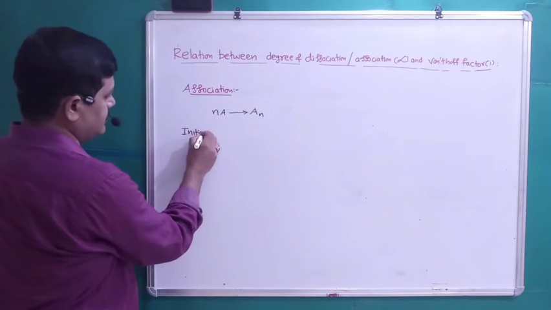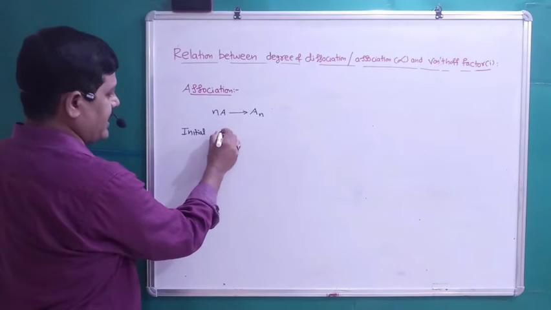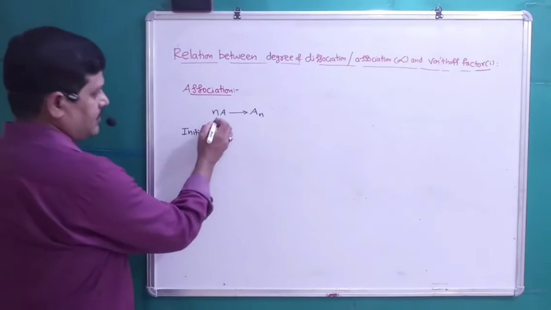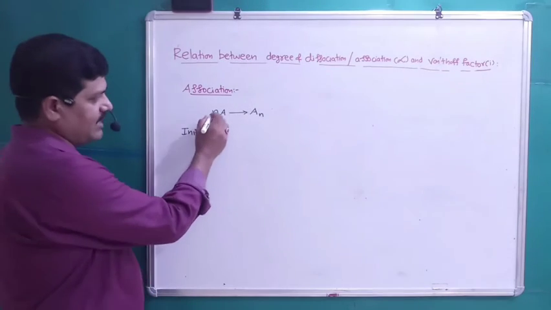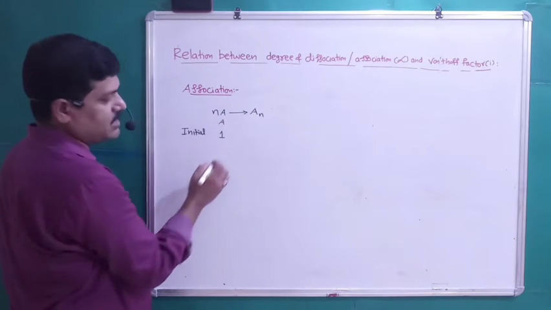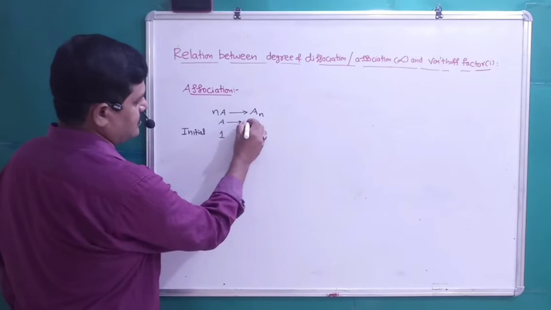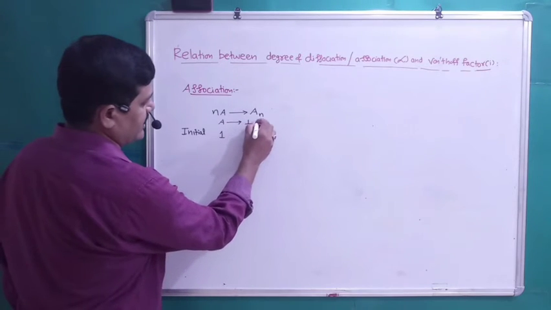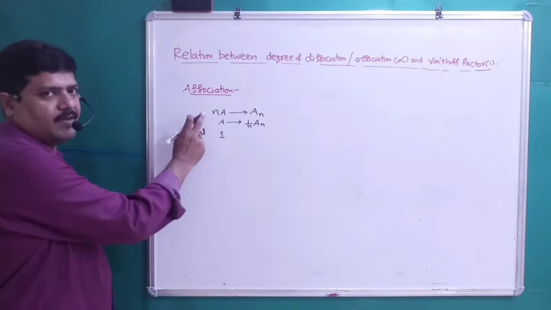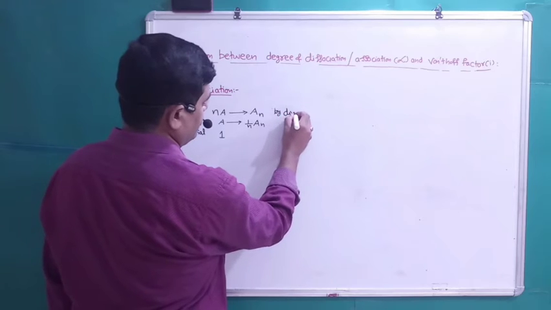Initial moles, let us consider A as 1. For simplicity, we can divide this equation by n.